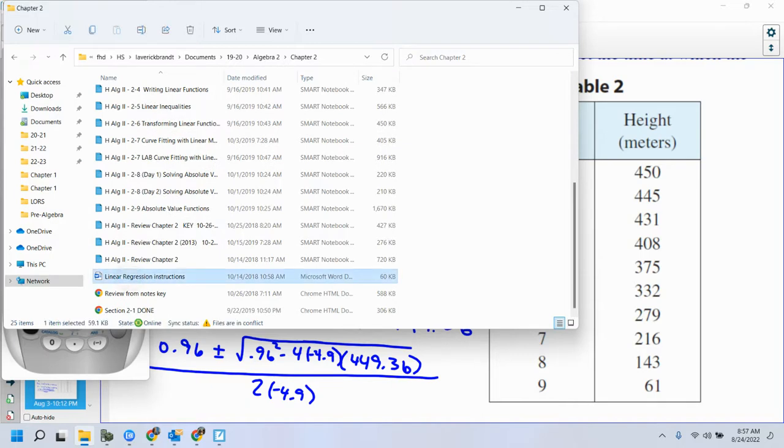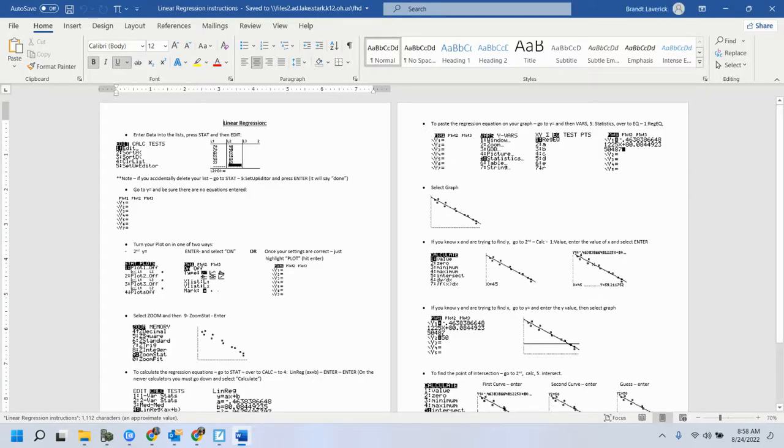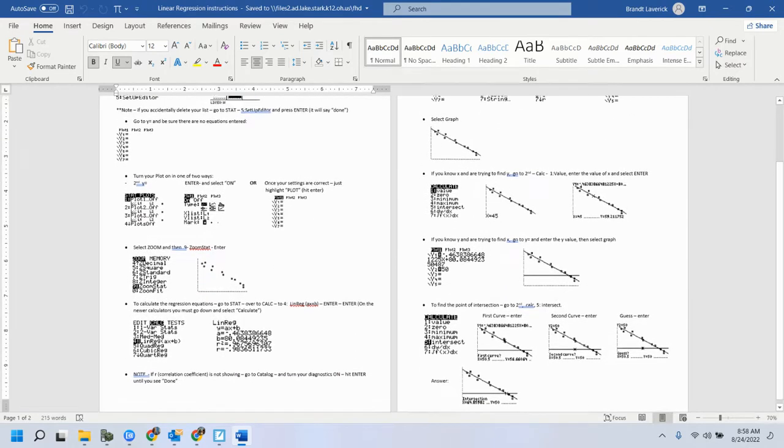Okay. I will post this on Canvas. I think I actually have it uploaded on Canvas already. It's just not published yet. But way back when, Mrs. Napoltz made this awesome Word document with screenshots of how to do all of that process. I remember I printed this out for you guys back in Algebra 2.